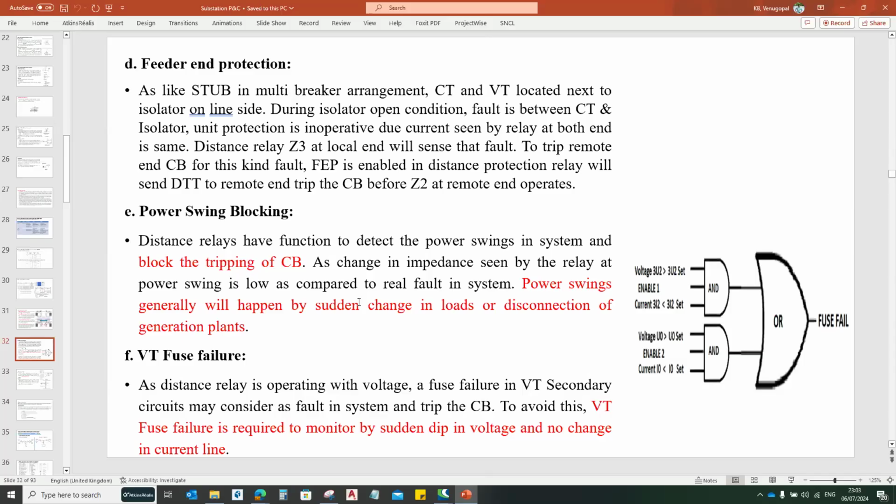If there are any faults or loose connections in that secondary, and the voltage is less than 110 by root 3, then that will be considered a VT phase failure, and it will block the operation of the distance protection, and it will also send an alarm signal after 3 seconds.